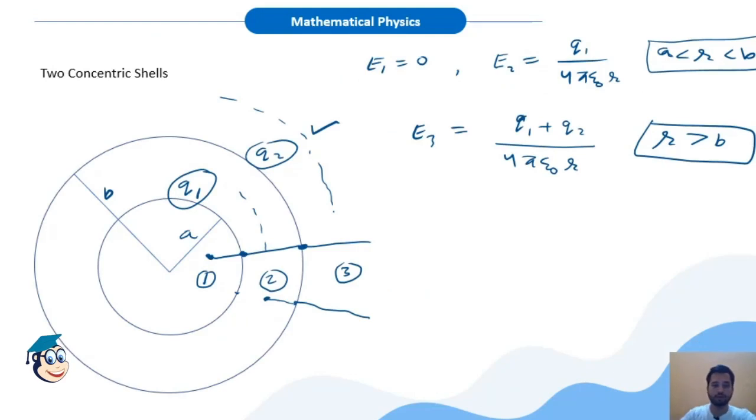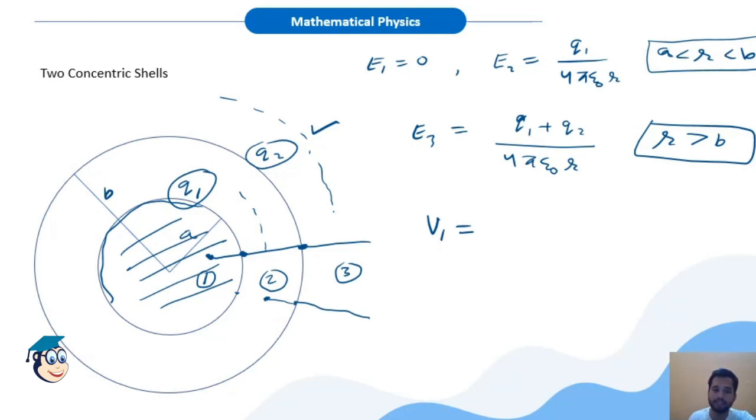Okay. So here also in the first region, for the region V1, this region is inside of both the shells, the shell with charge Q1 and the shell with charge Q2.